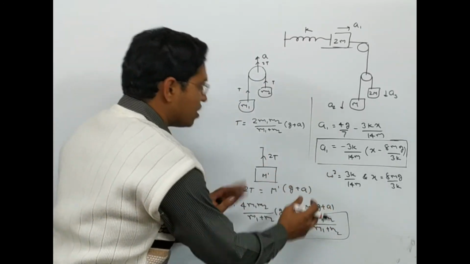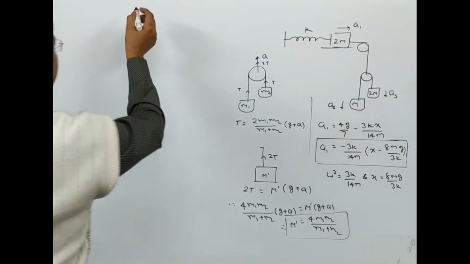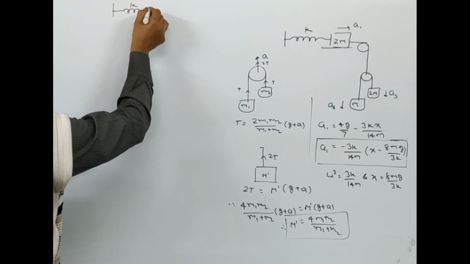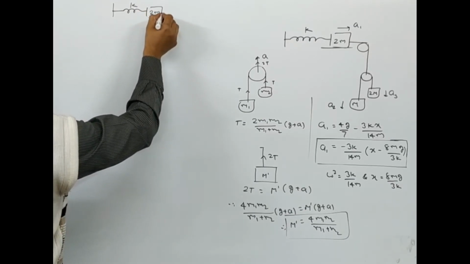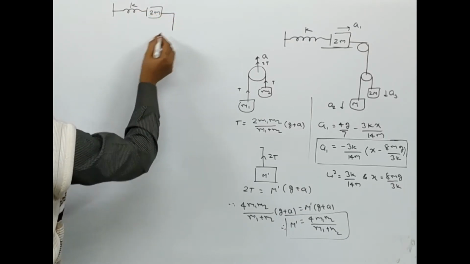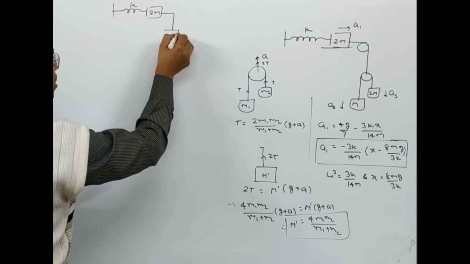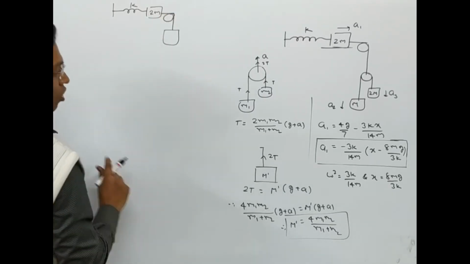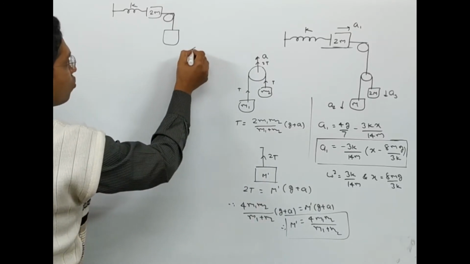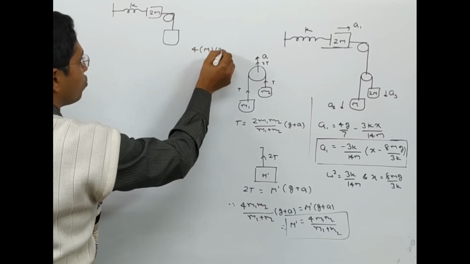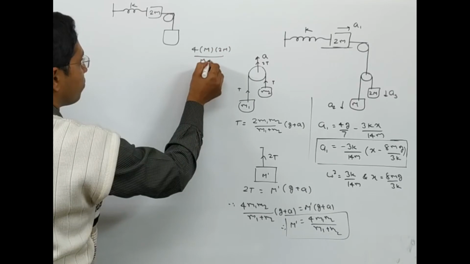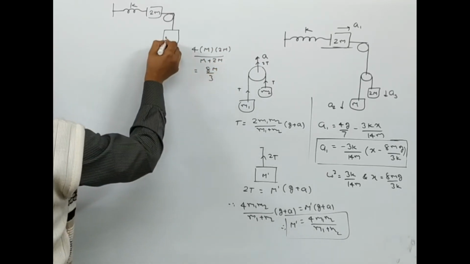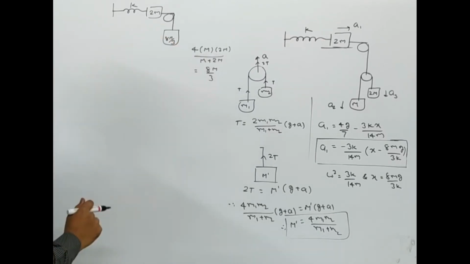Now if I use this, my new figure has a spring constant k here, the 2m associated with it, and finally this mass m dash. How much will that be? It will be 4 into m into 2m upon m plus 2m, which is 8m by 3.